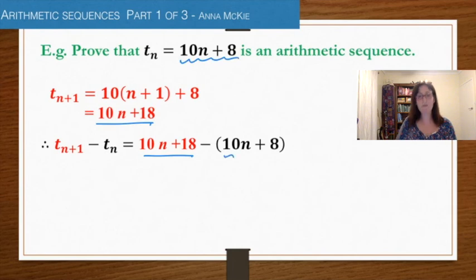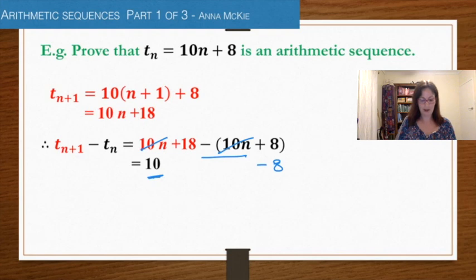Subtract that off. You must use brackets here, because when you expand that bracket, essentially we're subtracting off 10n and you must subtract off 8. So these 10n's cancel there and you have 18 subtract 8, which gives us 10.